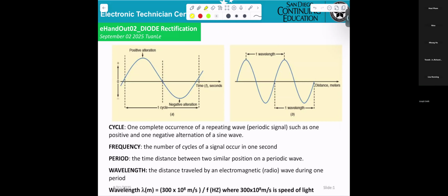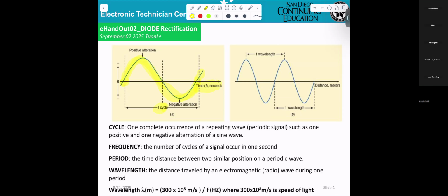Okay, you already know. This is a sideway, and this is a time domain. That means the signal varies with the time. When they start and they repeat it, that we call one cycle.